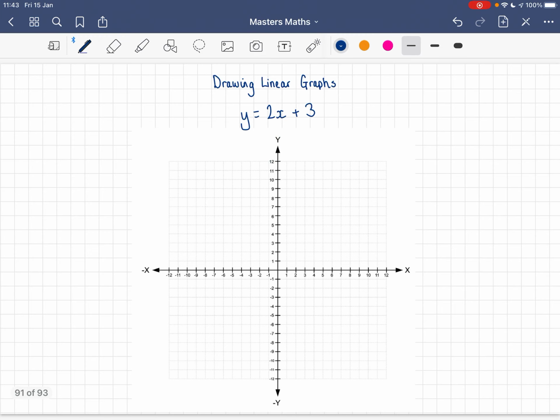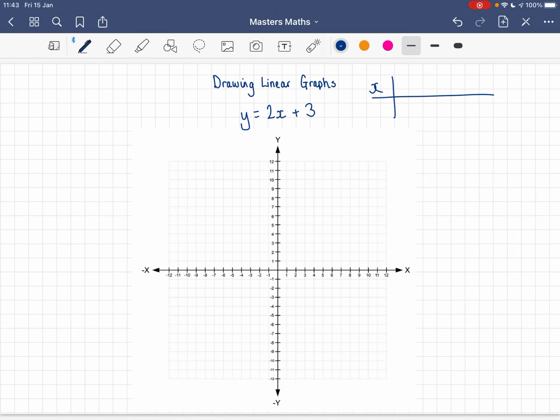Where it starts to get trickier is when you have a line in the form y equals mx plus c. You need to be able to use the gradient and the y-intercept to be able to plot that line. Again, if you really struggle doing it, you could use a table of values. You would put x values at the top. Just choose a few. You don't need more than 3 or 4 really.